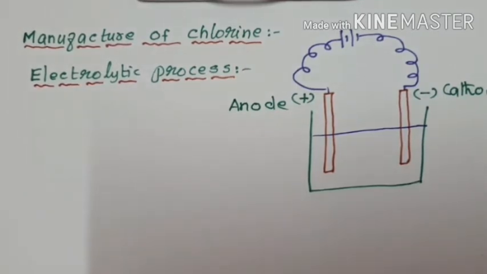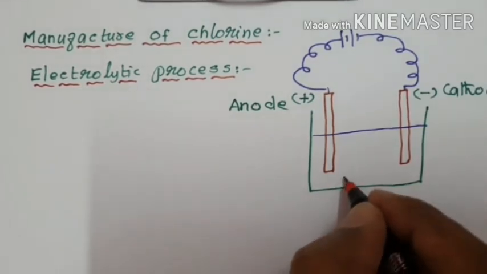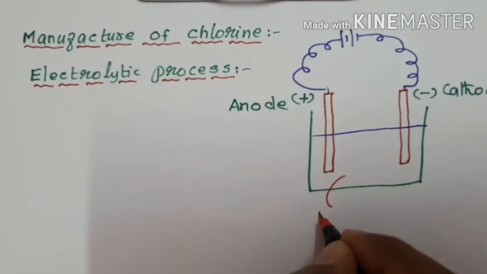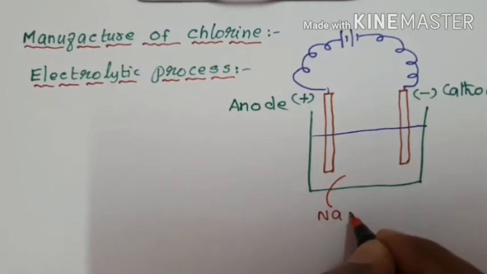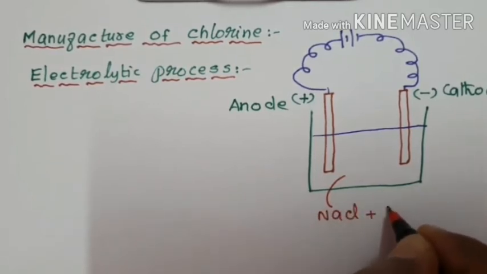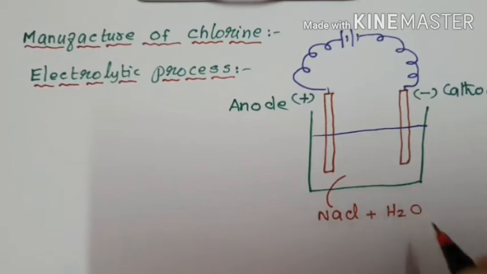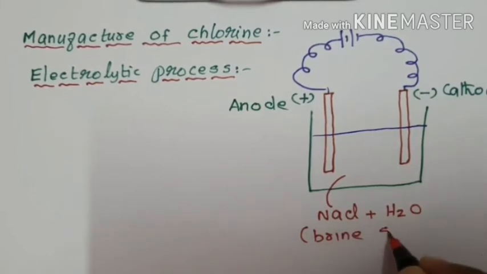In our example, we are going to electrolyze a brine solution, sodium chloride in water, H2O. This is called a brine solution. Note the spelling.